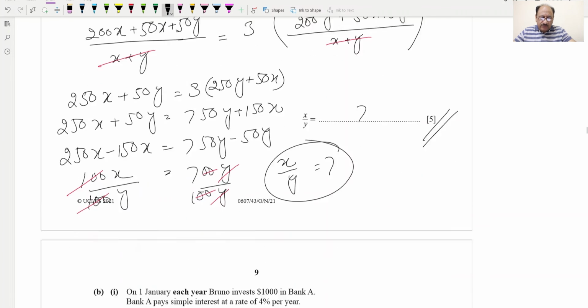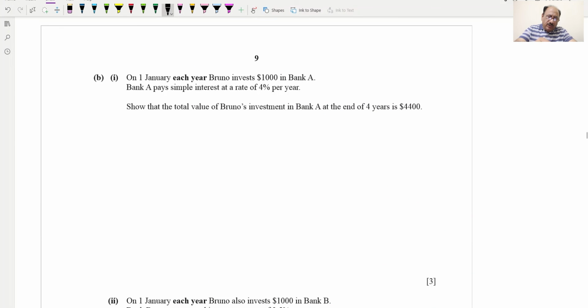Hopefully you understood this. Now the B part says on 1 January each year Bruno invests 1000 in Bank A. Bank A pays simple interest at a rate of 4% per year. So the simple interest formula, we know interest is equal to PRT over 100.